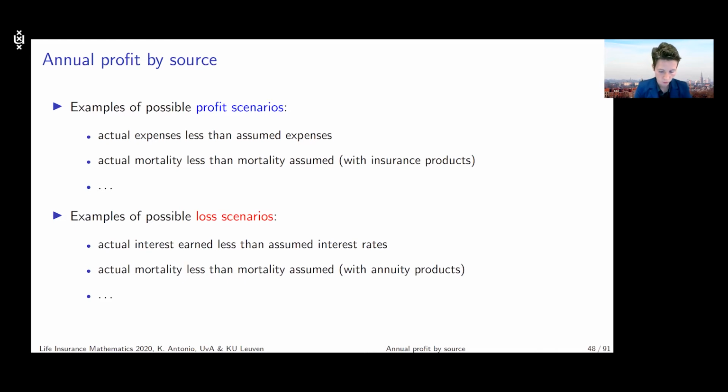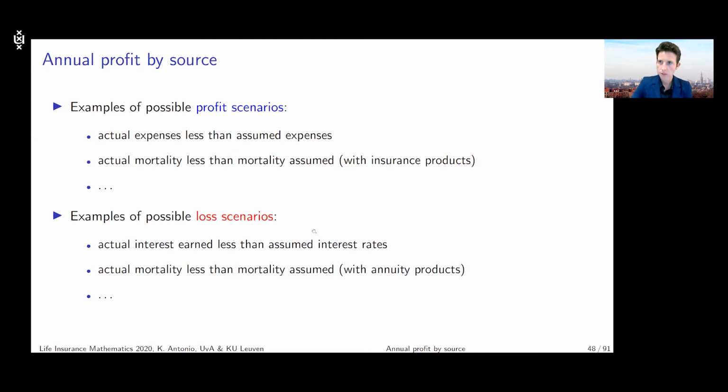So there are different scenarios which are possible. And essentially, we're going to focus on profit or loss resulting from interest rates, expenses, and mortality assumptions, because these are the assumptions that we're making in our policy valuation basis.